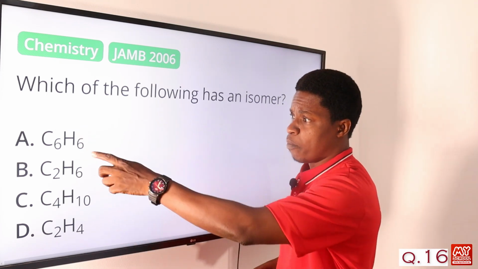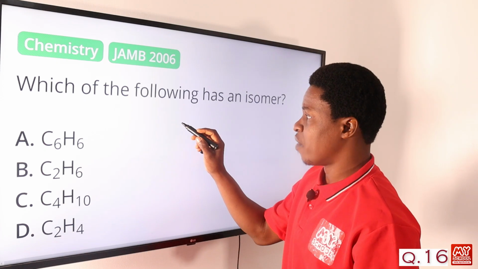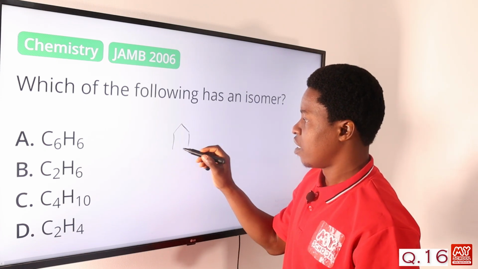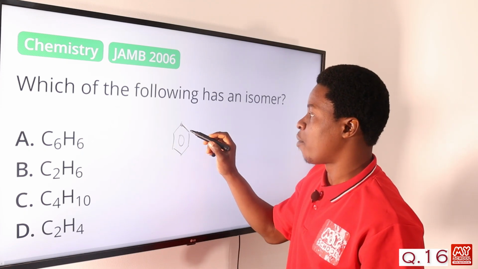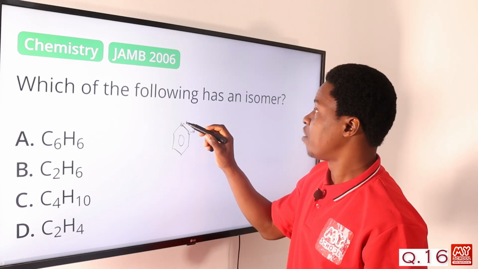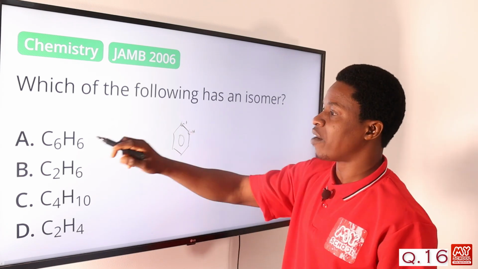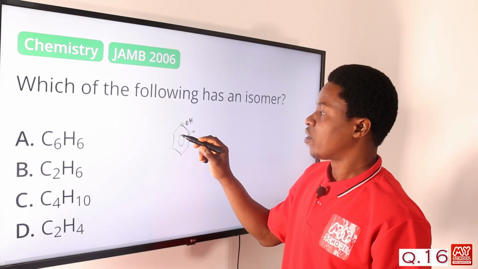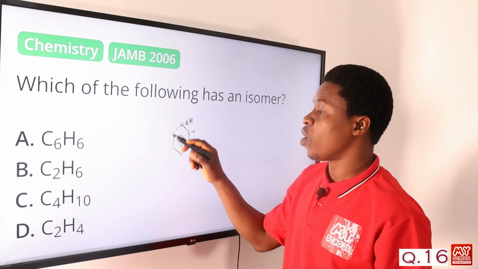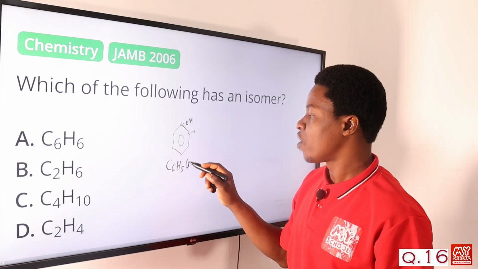For instance, when we talk about C6H6, if you draw that, we have this, your benzene ring, so you cannot substitute, of course. This is carbon with one hydrogen. When we talk about isomers, if you bring in a substance to react here, let's say you bring in OH and remove the hydrogen, it becomes C6H5OH.